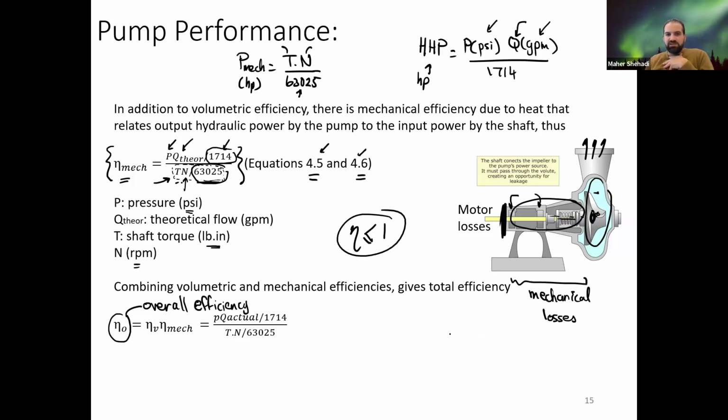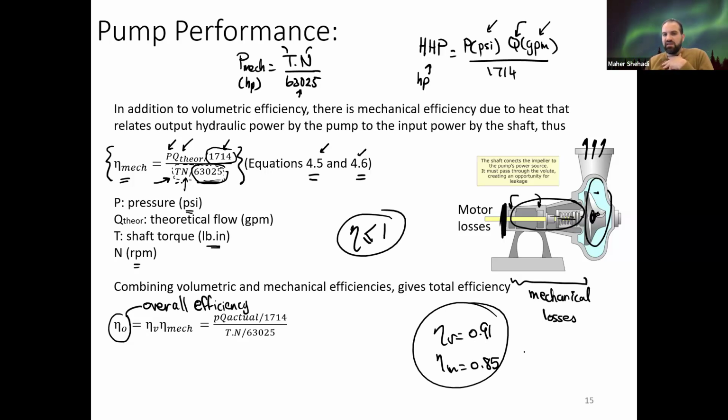So if you add them, let's say the volumetric efficiency in the previous one was 0.91 something. Let's say the mechanical efficiency is 85%, so it's 0.85. If you add them, you're going to have an efficiency that's more than 1, so it's above 100%. That's why it can't be.